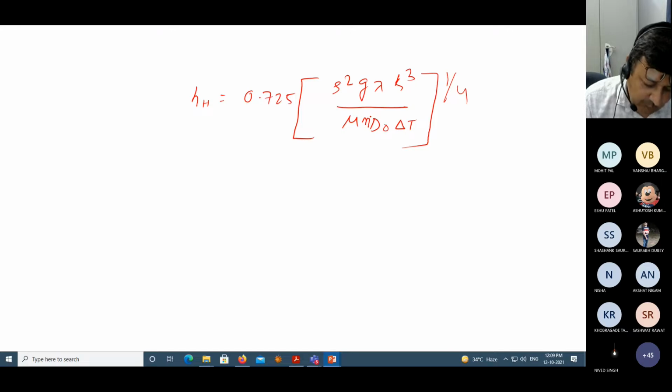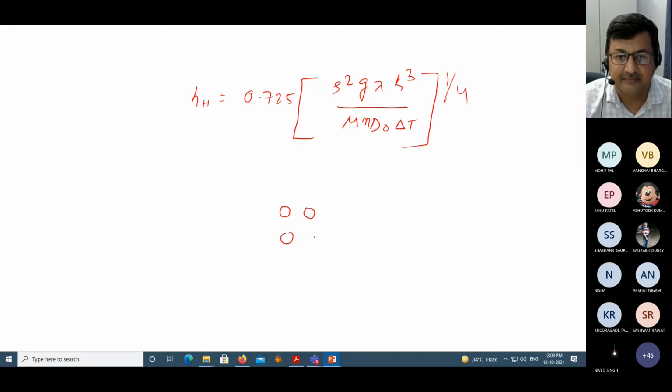So for a square array of 100 tubes, what will be N? You have tubes like this, right? A square array means it is like this. For 4 tubes, what is there in the row? 2. For 10, what will happen?